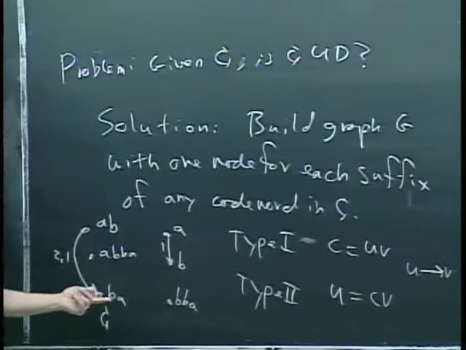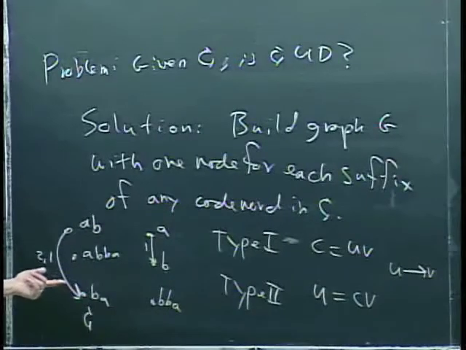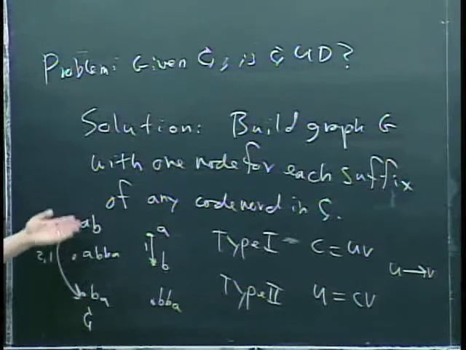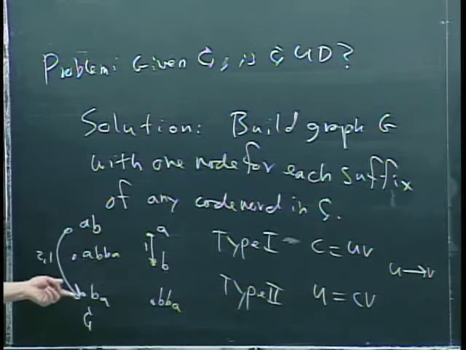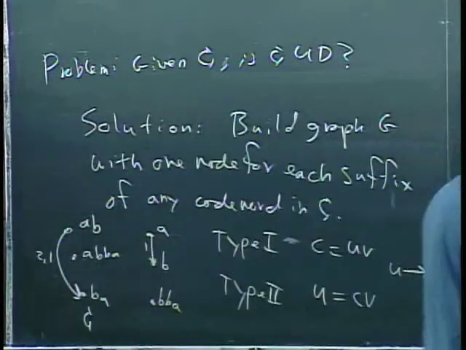There's a path from AB, that's a node representing a code word, to BA representing a code word, and this example we know is certainly not uniquely decipherable, and we see here an example that's consistent with the theorem. But we haven't really proven the theorem.